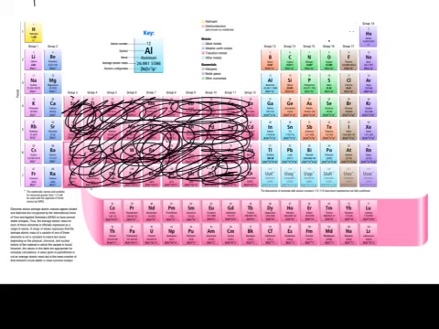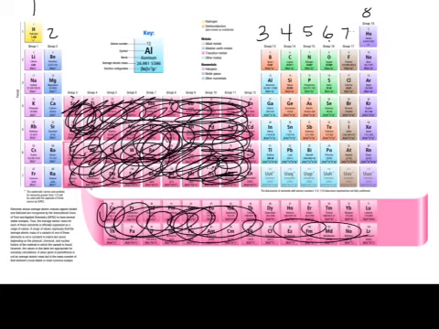So this would be group 1, group 2, then this is 3, 4, 5, 6, 7, 8. There are also transition elements that we aren't going to deal with right now.